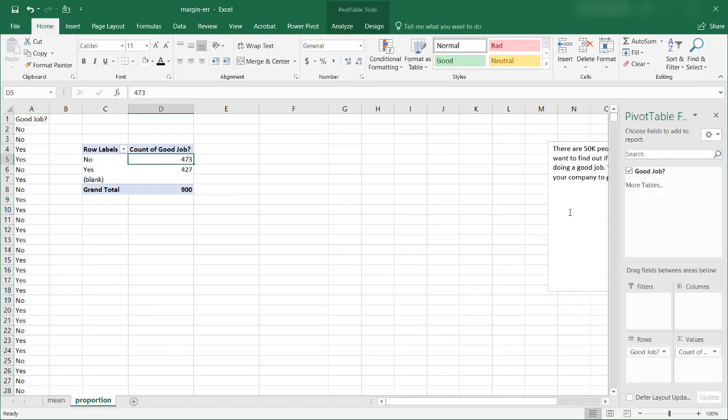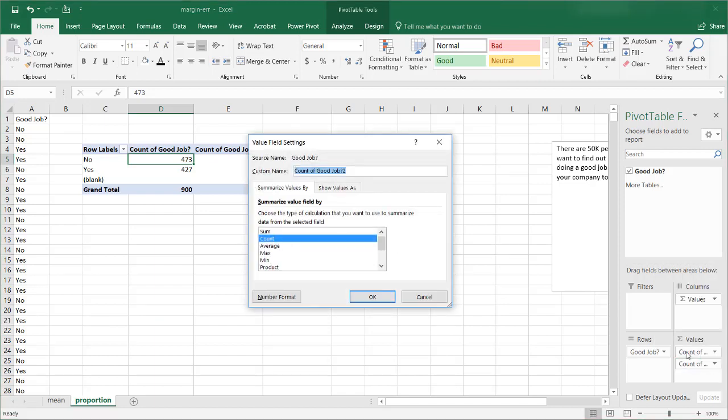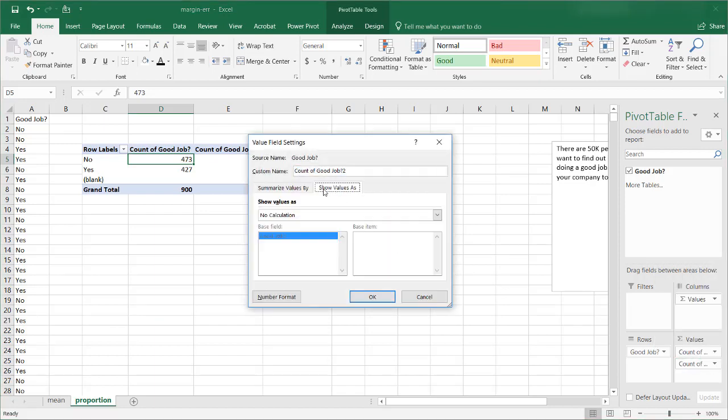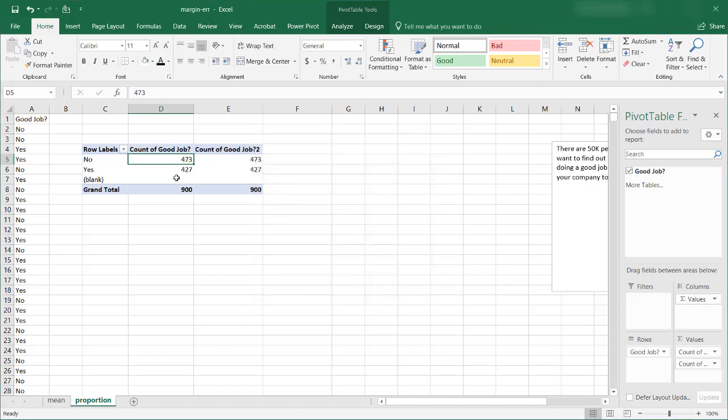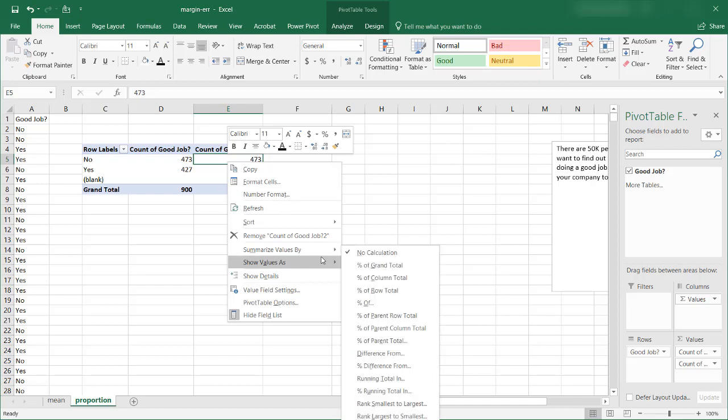To get a percentage, I can also just put this in there twice. Instead of having that count, I'll click on the drop down, value field settings, and show values as. Whoops, let's not do it on this one, we want to do it on the second one. I don't need to go down to the drop down here, I can right click, and then show values as a percentage of the column total.